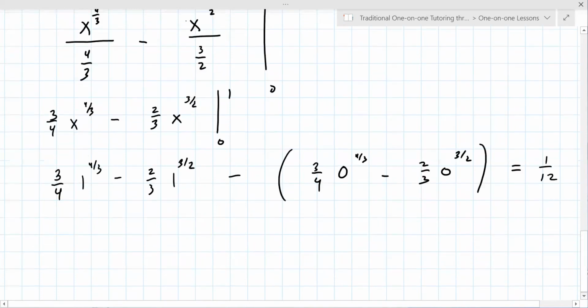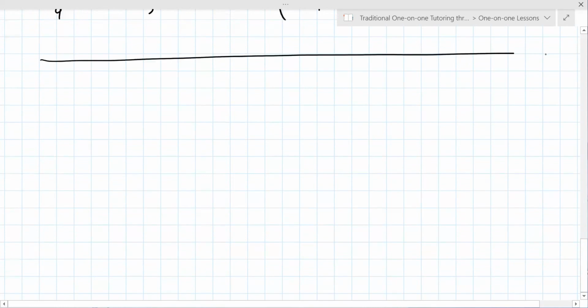All right, so another one here, if that's okay. So this will be the 4th root of x to the 3rd minus the square root of x from -1 to 0.